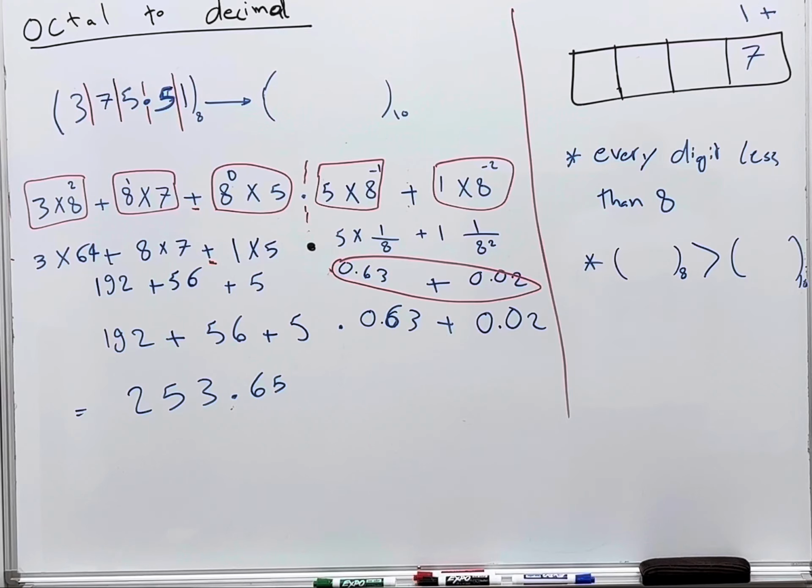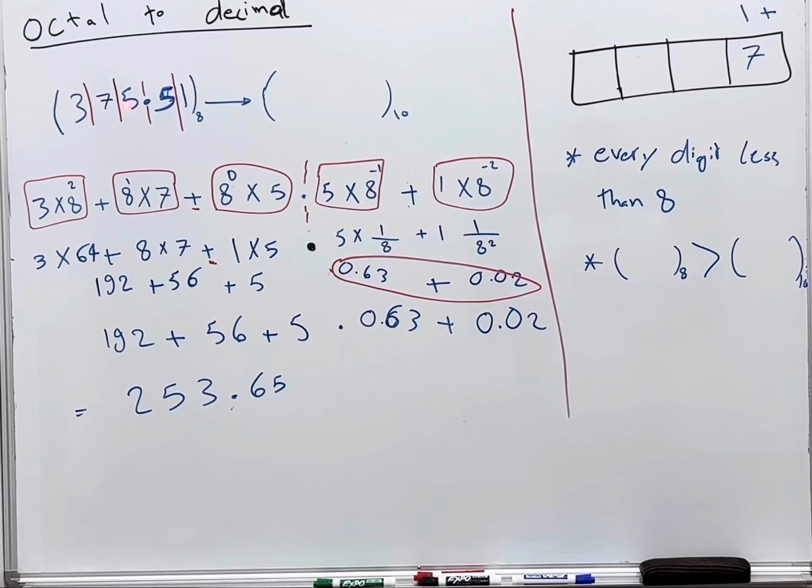Okay, now how can we convert? First, we put each number in its bit position in a different way. This is the fraction part. We just move it here.